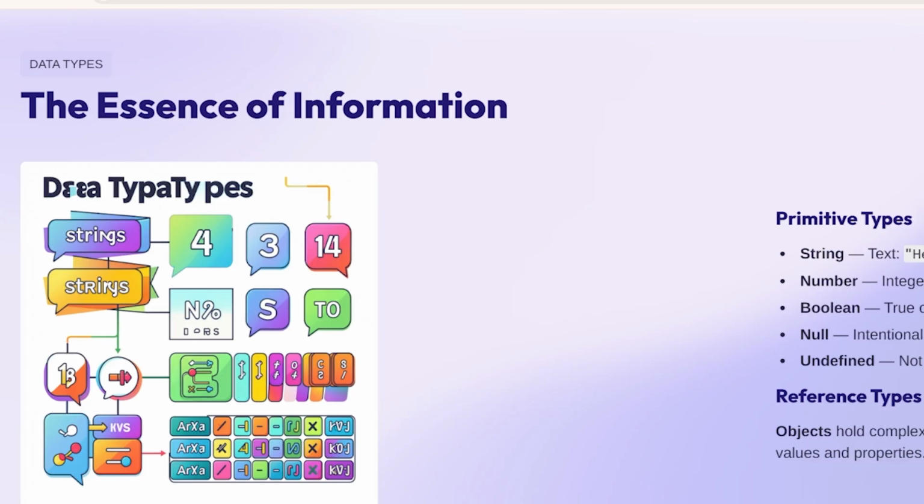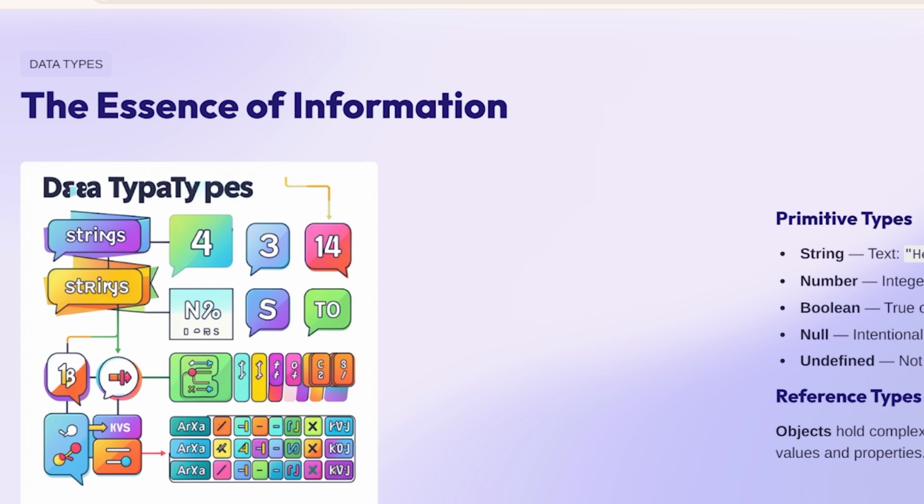Your name is a string, so string is one data type. Your age is a number, so number is a data type. And if you answer a question with true or false, that is a boolean. So the boolean is one data type. These are the data types.